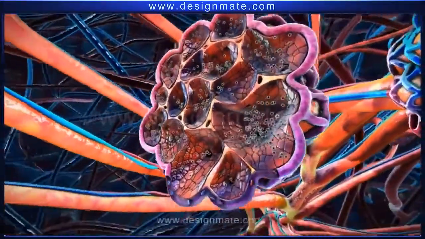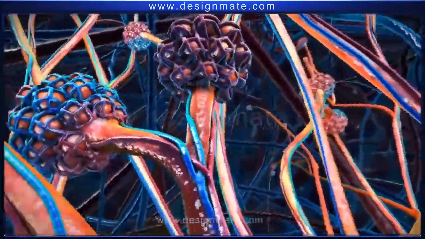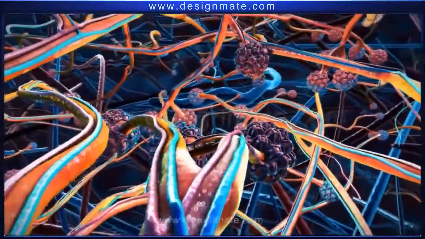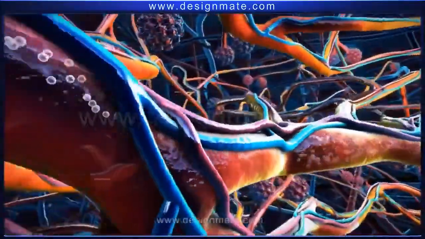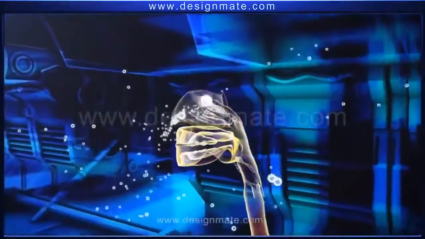They are collected in the alveolar chamber, and then from the alveolus, it travels through the bronchioles into the bronchus, which finally reaches the trachea and is breathed out through the nostrils.